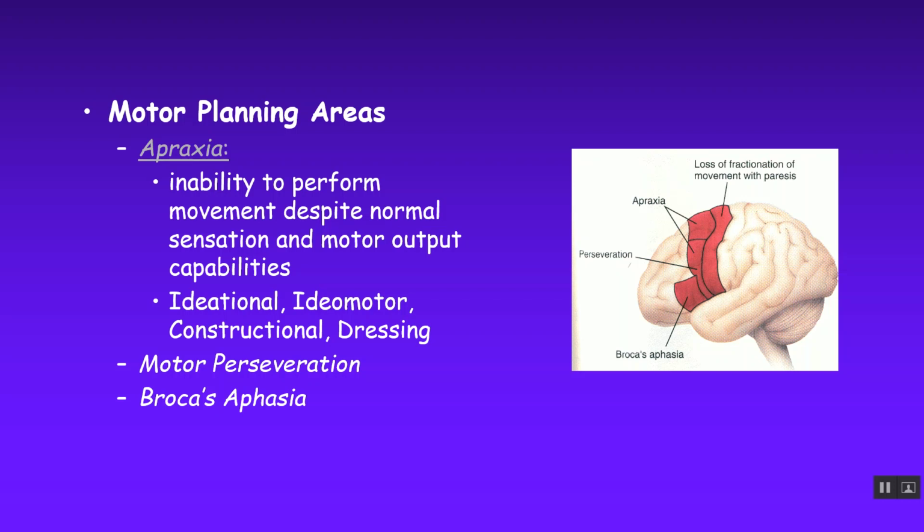But they can't plan movements very well. You ask them to do something voluntarily, and even though you just tested their muscle strength, they can't initiate the movement or are not sure how to accomplish the movement. So they look kind of like they're struggling with coordination in a way, but it's not. If you do finger to nose, they don't have ataxia.